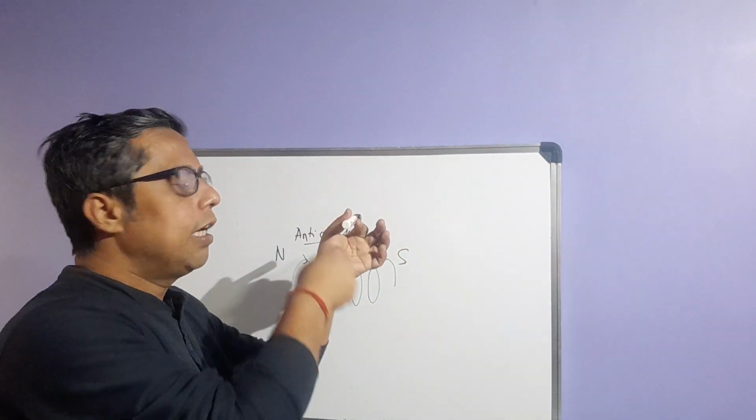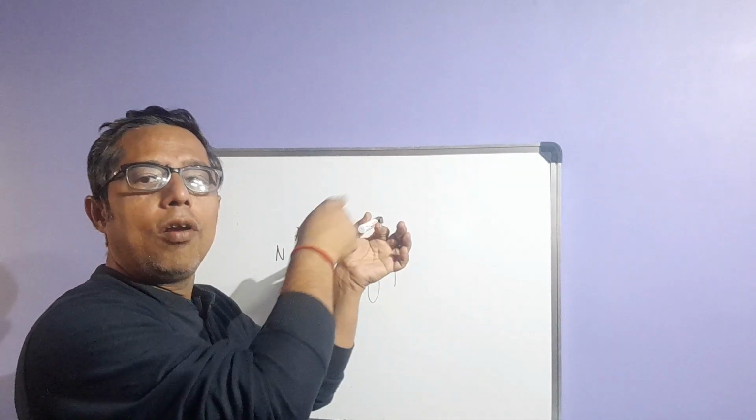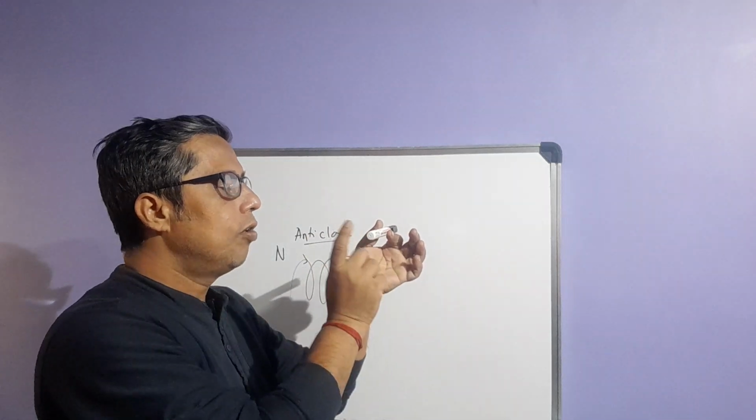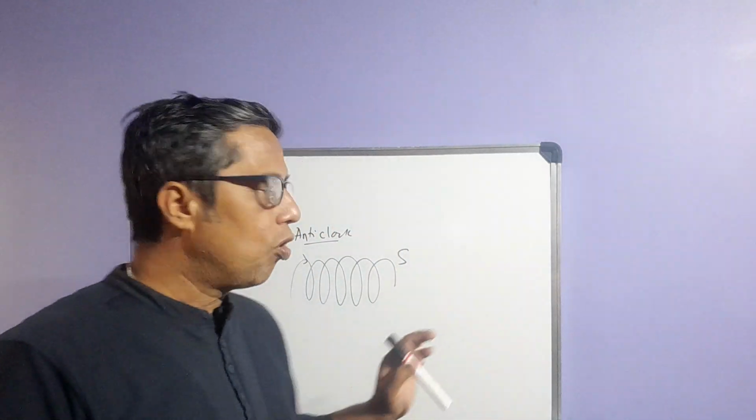If the current is flowing in the clockwise direction, that face will be the south pole. If the current is flowing anti-clockwise, that face will be the north pole. So these are the very common things.